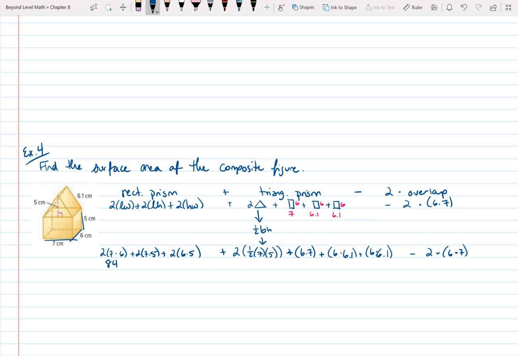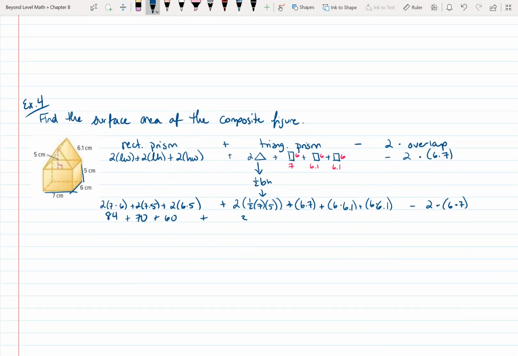84. 70. Alrighty, 84 plus 70 plus 60. Oh, I just did times. 84 plus 70 plus 60. 214 plus 35 plus 42 plus 36.6. 149.2 minus the area of overlap, we get 84.